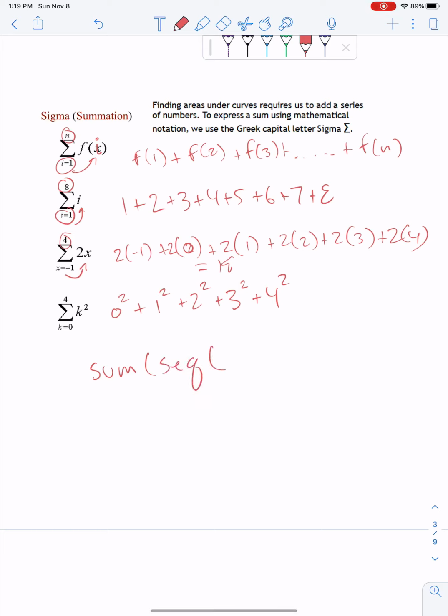Because what you're doing is you're going to sum a sequence of numbers together. And then it's not going to give you this cool notation like my calculator did. It wants you to put the function first. So the same one that we just did, you would put a 2x, comma, then your variable, comma, then your starting point, comma, and then a 4. And then you would close your parentheses.